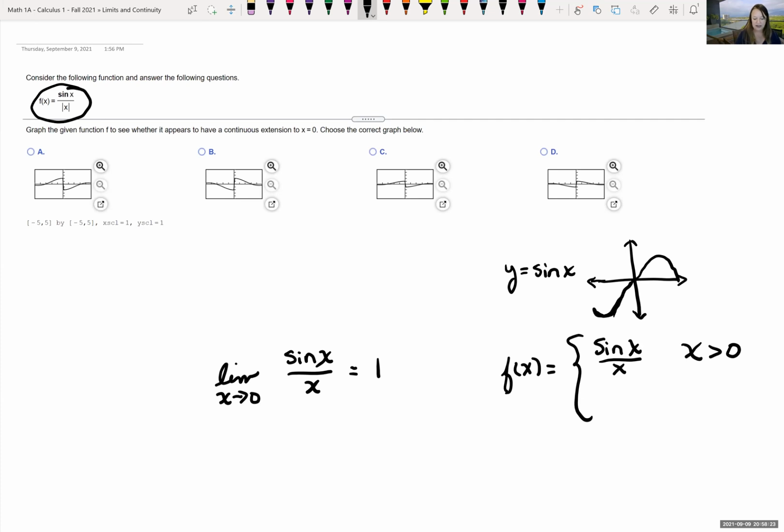If I plug in a number that is less than 0, recall that because it's the absolute value of x in the denominator, I have to change that sign in the denominator. So I'm going to have sine of x all over negative x.